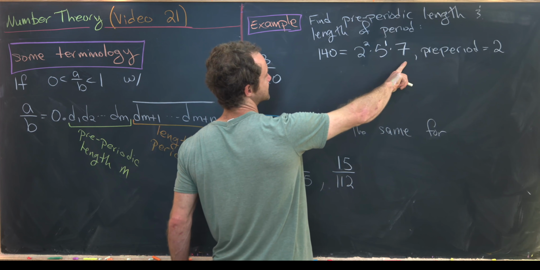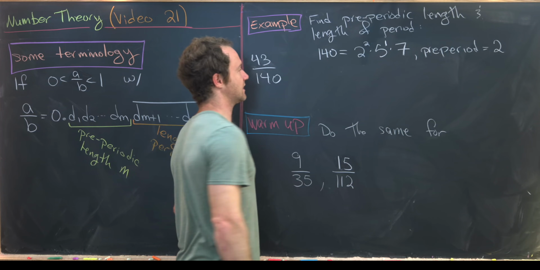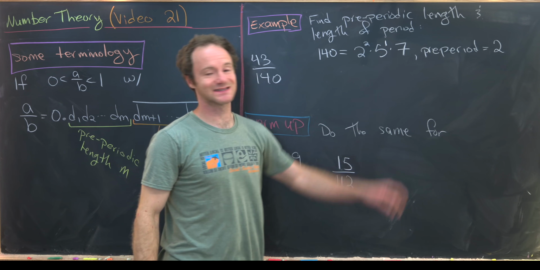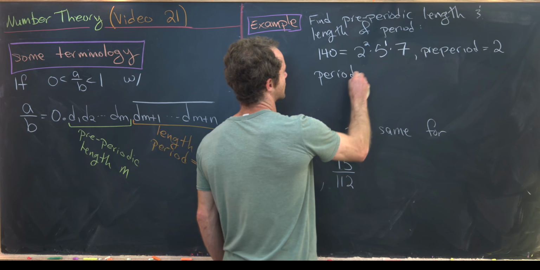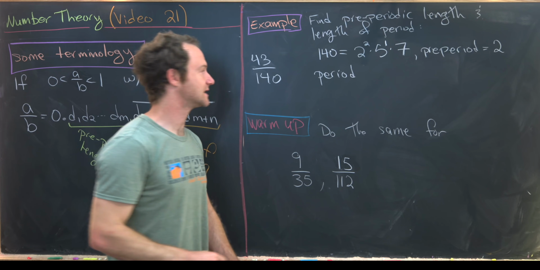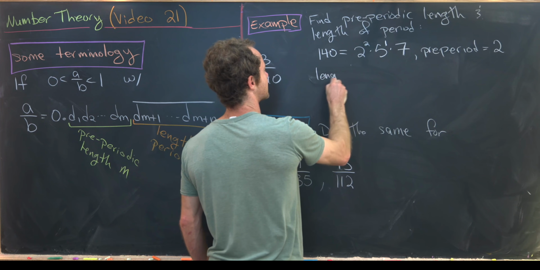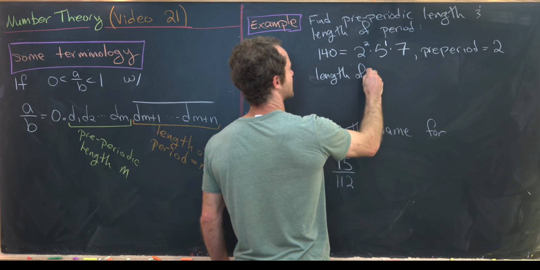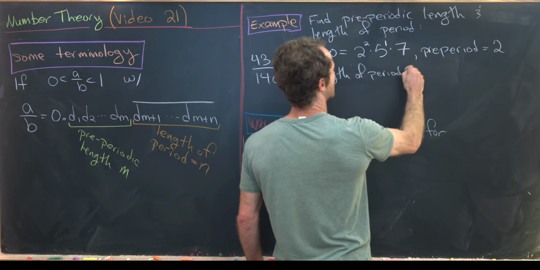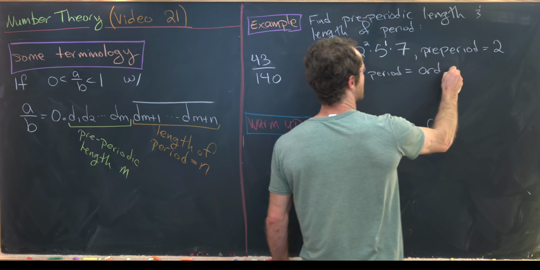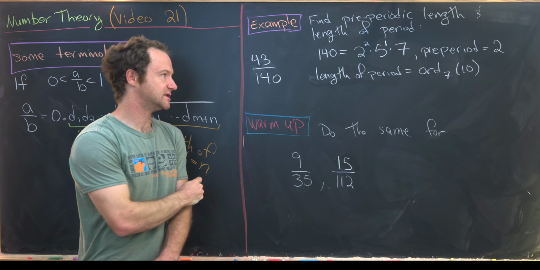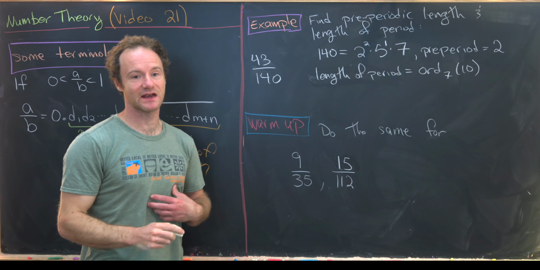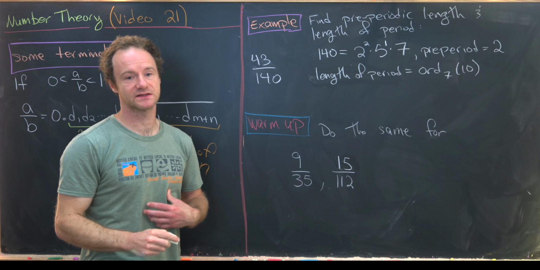Then, in order to find the periodic length, we're worried about this number that's left over, and the order of 10 mod that. In other words, the length of the period will be equal to the order mod 7 of 10. In other words, the smallest number so that when we raise 10 to that number, we get 1 mod 7.